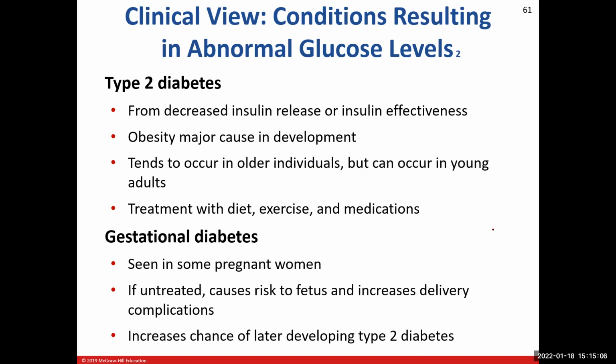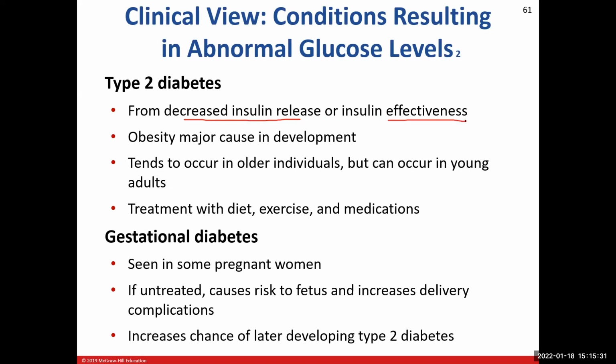Type 2 diabetes, we've seen quite a bit in the obese population and older folks. In this scenario, we will see a decreased amount of insulin being released from the pancreas, but what we'll also see is that insulin seems to not be effective on the target cells.